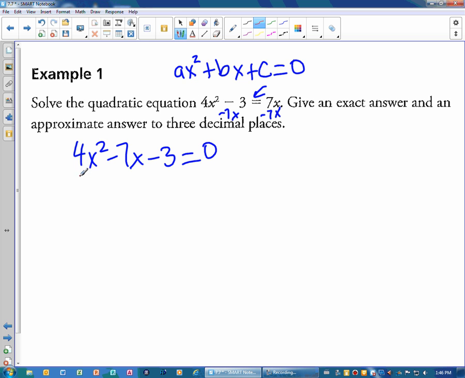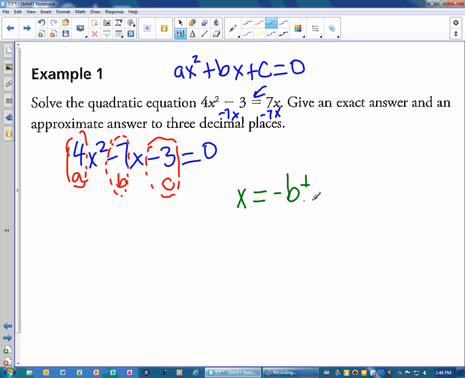So here is my a, the 4. Here's my b, and it's negative 7. And here's my c, negative 3. So the quadratic formula is x equals negative b plus or minus the square root of b squared minus 4ac, and then the whole thing is over 2a.